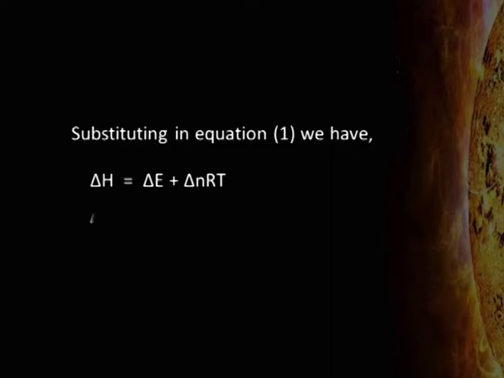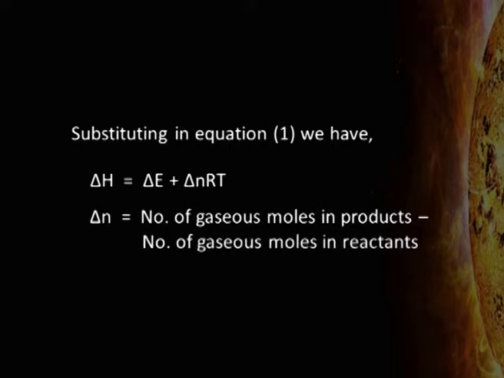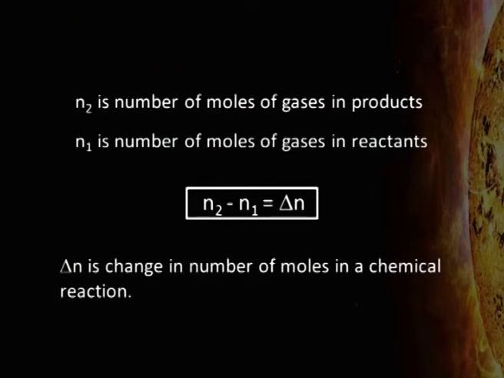Here delta N is the change in number of moles of gases, that is number of moles of gases in products minus number of moles of gases in reactants, which is equal to N2 minus N1 here. Using this relationship, we can correlate the heat at constant pressure and heat at constant volume.